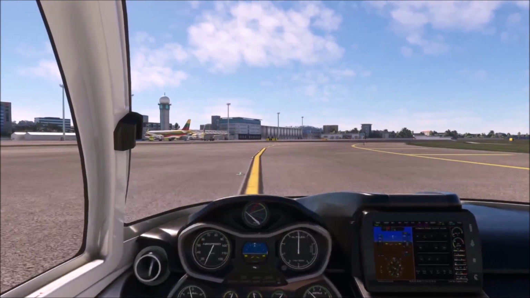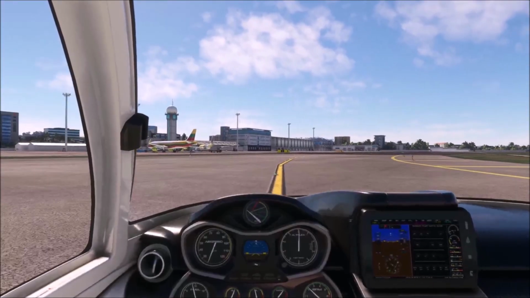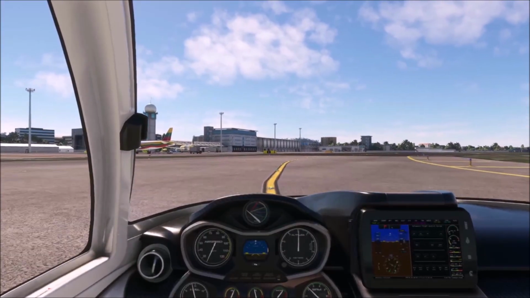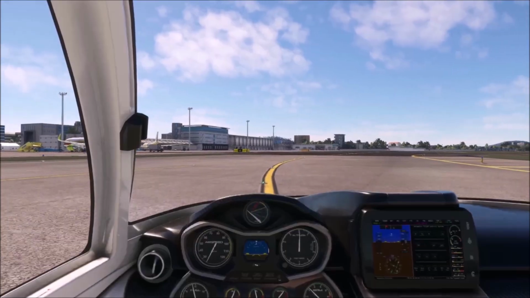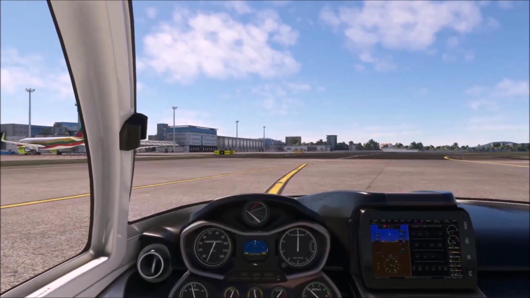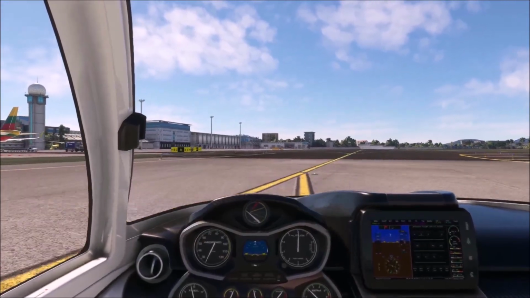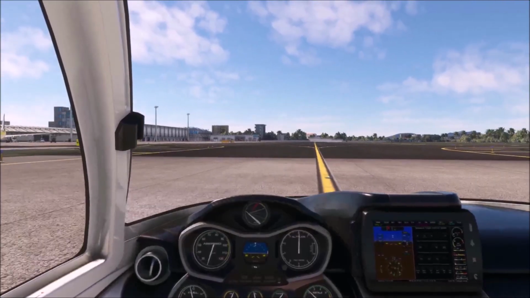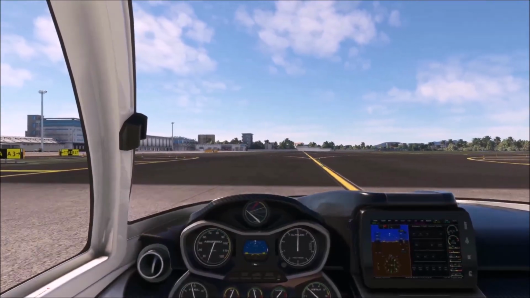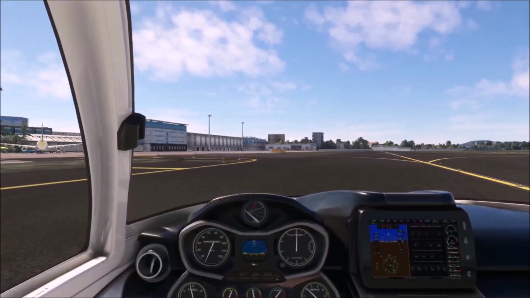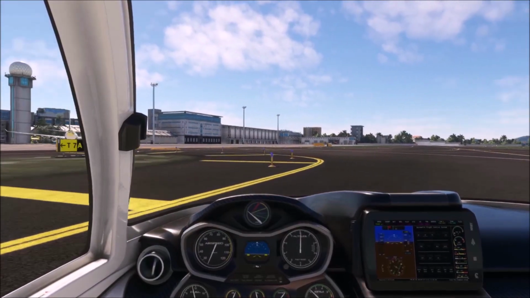Whenever I see this plane, okay, it brings some kind of happiness. I will park, of course, somewhere nearby, and I think this will be all for now.